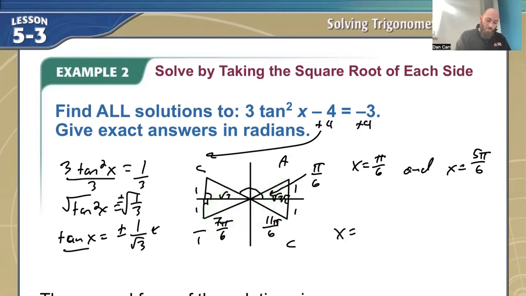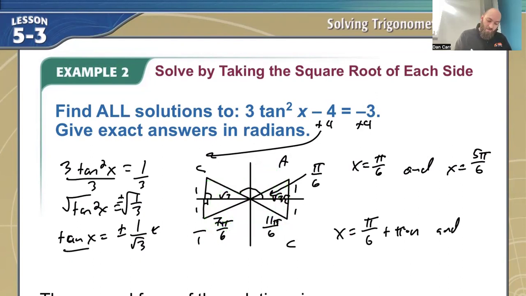So my first one is going to be x equals pi over 6 plus pi times n, where n is any integer. Same thing with 5 pi over 6. So 5 pi over 6 is my first solution, and then every one after that is a difference of pi. So we're going in these half circles, basically.